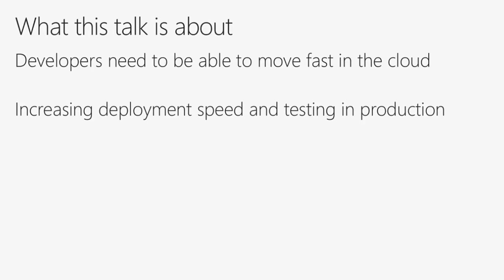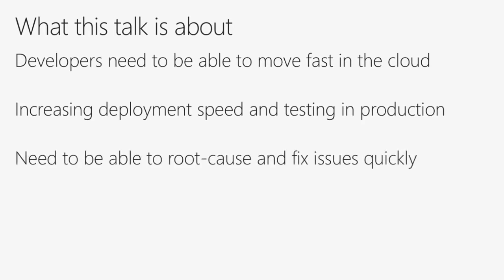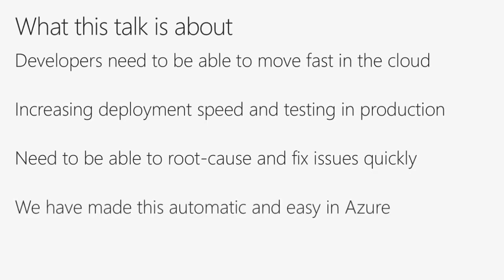So that implies that you need to be able to actually root cause and fix these issues faster than you're creating them in production. With this increased trend, the importance of these tools, especially as you're moving to cloud, become more important. And this is the reason that we've built these capabilities and tools into the Azure environment to make it easy for you to do this work. And we're going to be talking about that today.